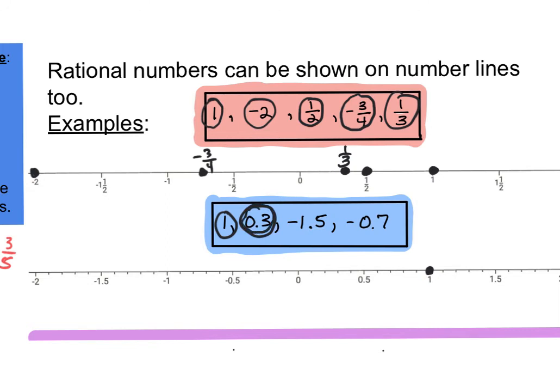So 0.3 would be 0.1, 0.2, right here, 0.3. -1.5 is already there. And then -0.7: 1, 2, 3, 4, 5, 6, 0.7 in the negative direction. And there are all my numbers graphed.